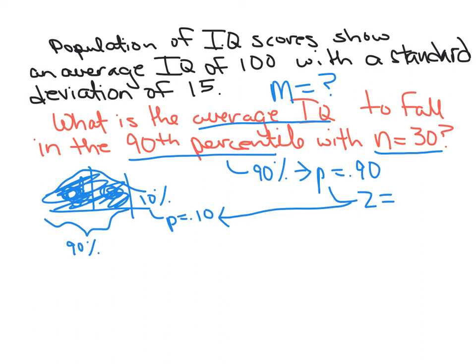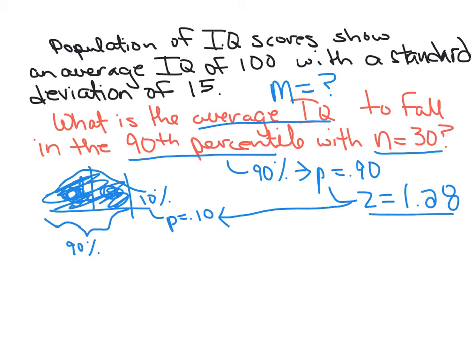And I always just kind of try to find the closest possible. So for me, I'm looking at 0.1003. Okay, so that gives me a Z-score of 1.28. Because it's on this right side of the mean, we know it's positive. So now we have that Z-score of 1.28.